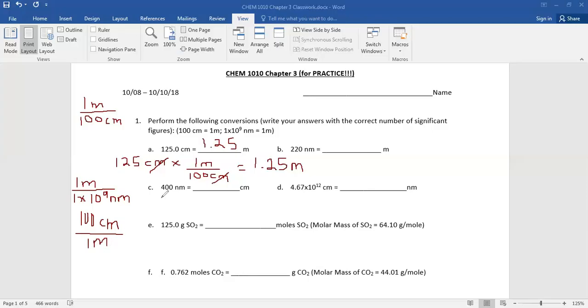So now to do the two-step conversion, I first take the 400 nanometers and multiply it by the conversion factor that will convert the nanometers to meters. So I want meters in my numerator and nanometers in the denominator.